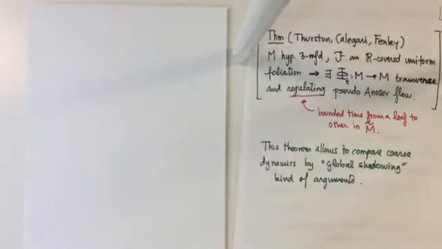Regulating means that if you take two leaves in the universal cover, the time you need to go from one leaf to the other is bounded.